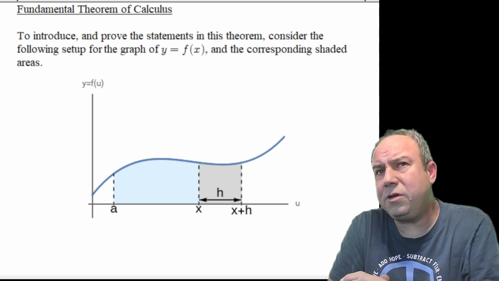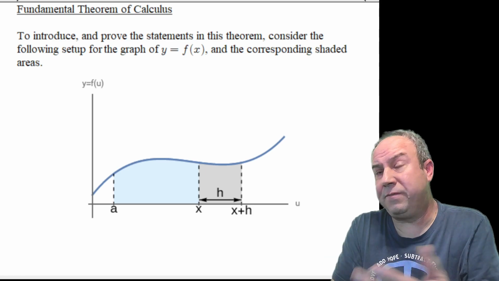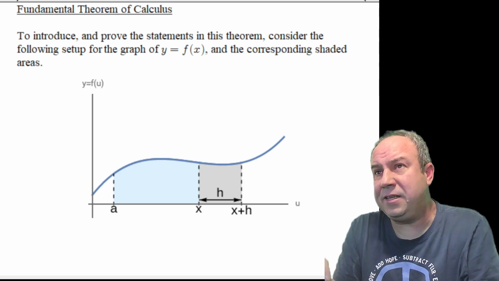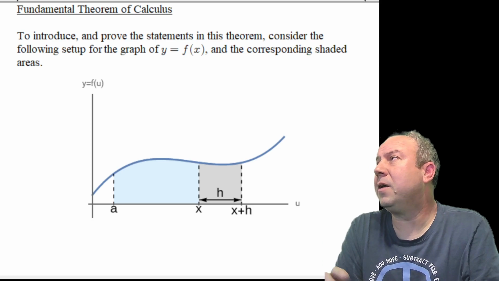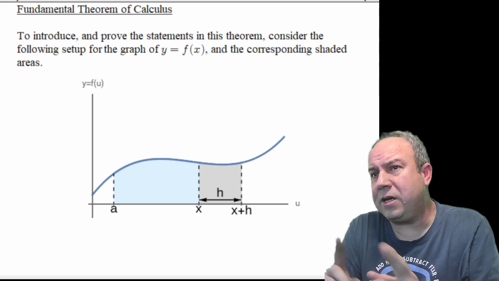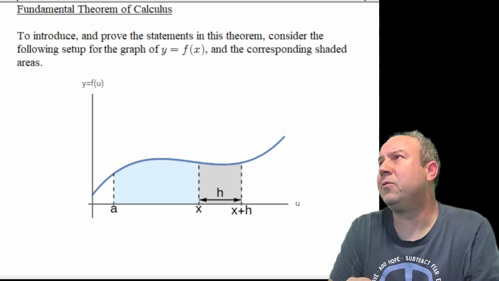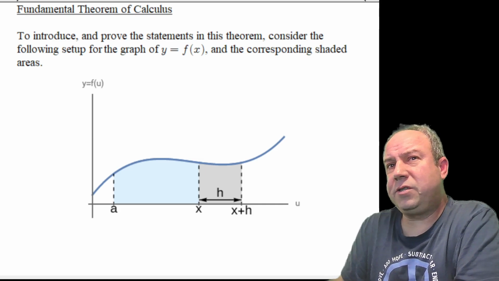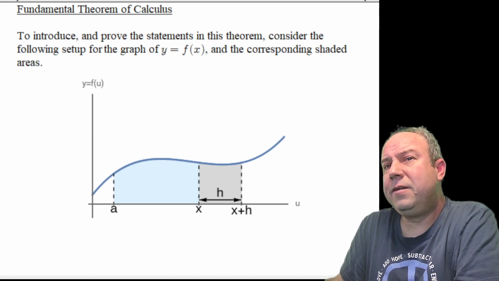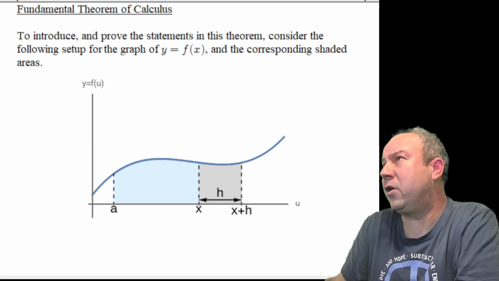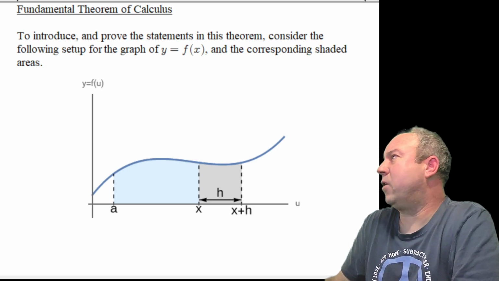And to introduce and to actually develop and prove what we're going to see as the statements in this theorem, what we're going to have to do is consider the following setup and the areas that we have illustrated in this following setup. What you will notice is we do have function f. F is being defined in terms of the independent variable u and the dependent variable y.